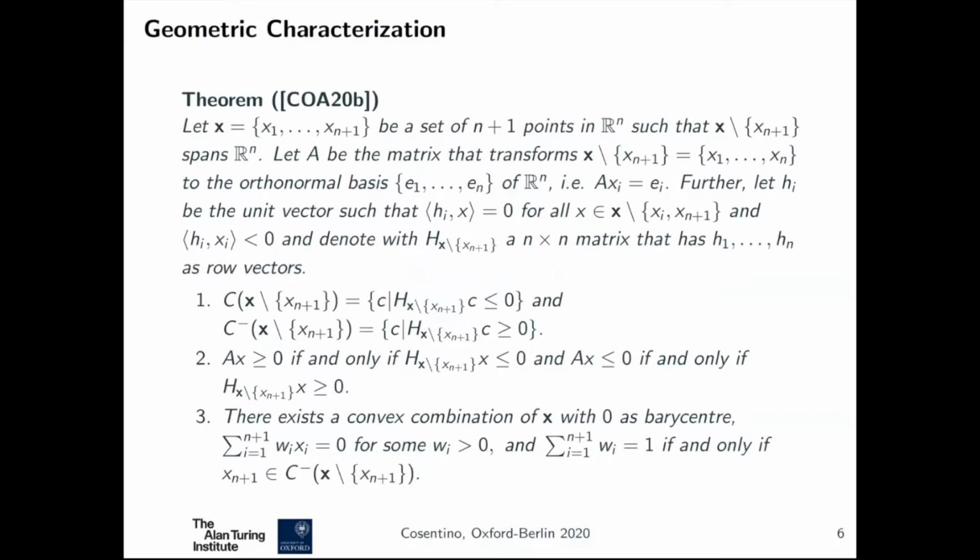We can say that Hx is a matrix where the rows are essentially the coefficients of some carefully built hyperplanes, where A instead is the matrix that represents the change of basis between the set x and the orthonormal basis.